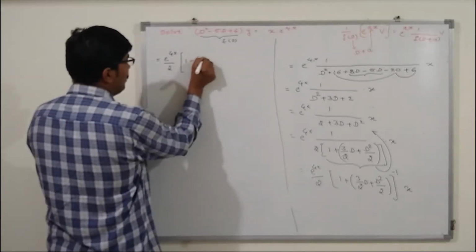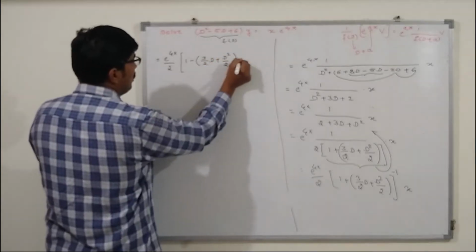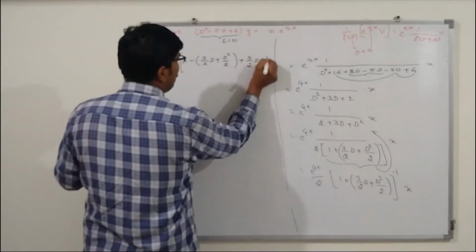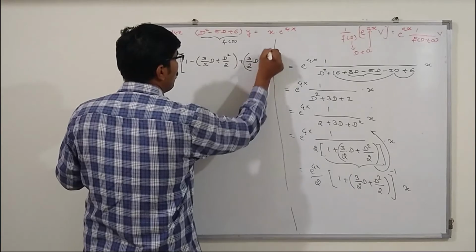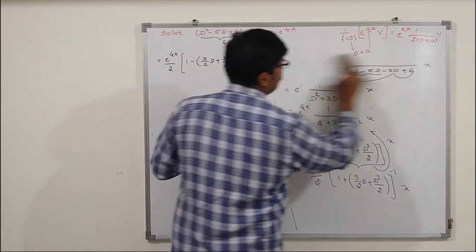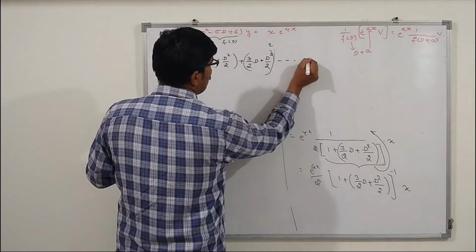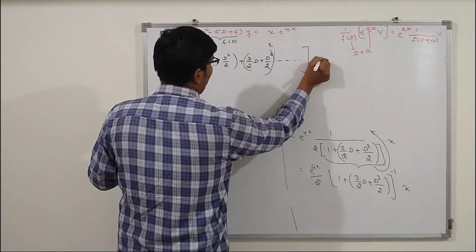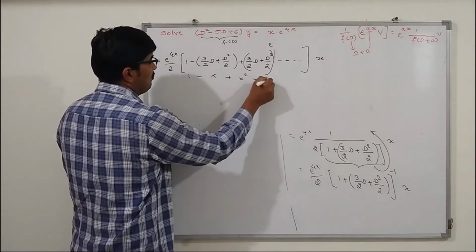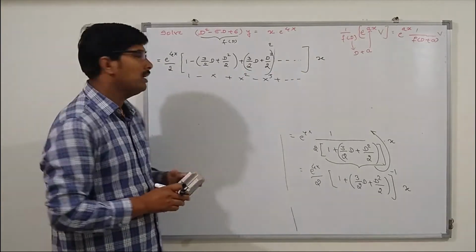Minus x means you will get minus 3 by 2 into D plus D square divided by 2, plus x square, that is 3 divided by 2 into D plus D square divided by 2 whole square, minus and so on, of x. This is 1 minus x plus x square minus x cube plus and so on. By using this formula, we can simplify.